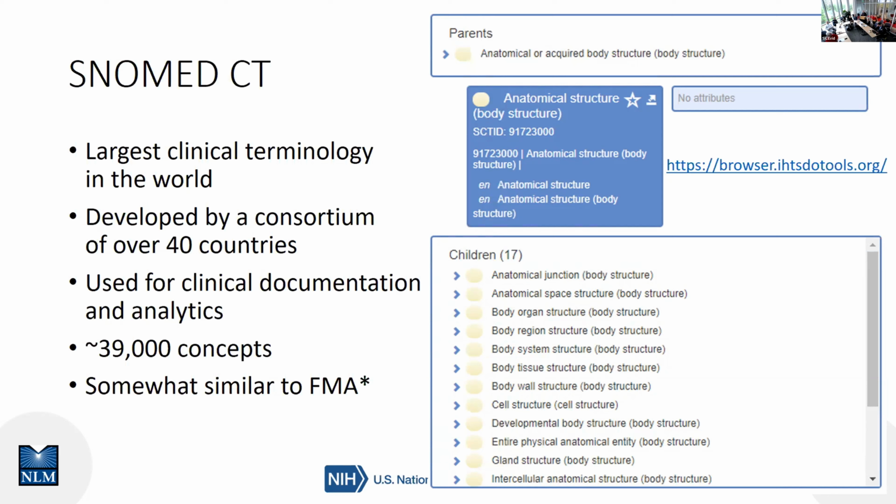So the representation of anatomy in SNOMED is different for historical reasons, and I don't have time to go into this. But in spirit, the two are fairly aligned, with one major difference.